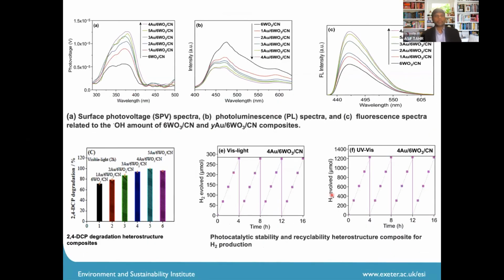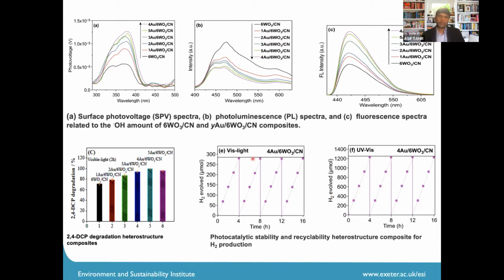And then using a range of spectroscopic techniques, we found the absorption range and absorption edge to calculate the band edge positions and band gap. So the material has been used for dye degradation as well as for the hydrogen evolution reaction.